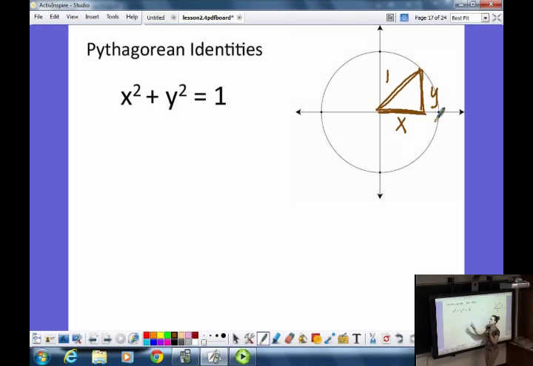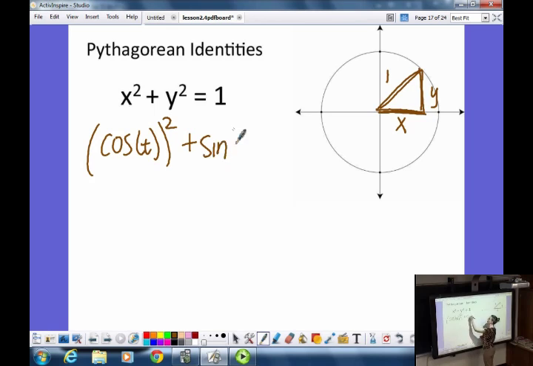But what do we know is related to x on the unit circle? What trig function? A little louder? The cosine of t. Right. So cosine of t. We're going to just put some substitution in like we did earlier. What's related to y? Sine of t, right.